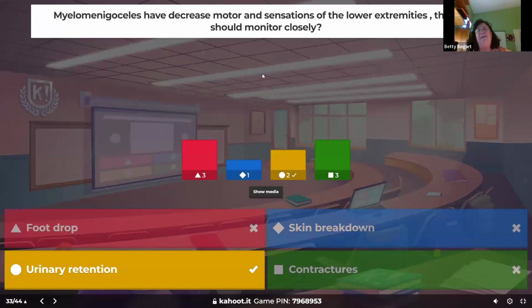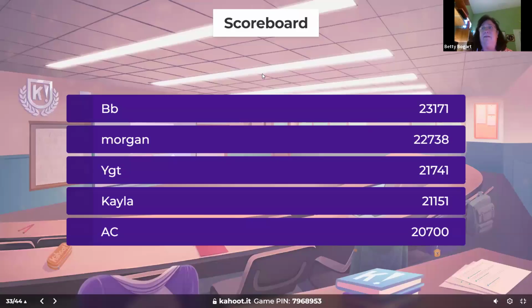Yes, that will be like an everyday exercise type thing. But urinary retention and constipation are the ones that should be monitored very closely, okay? Because we don't want the bladder to get so big it will burst if you let it go too far. And constipation, if it goes on too long, again, peritonitis.